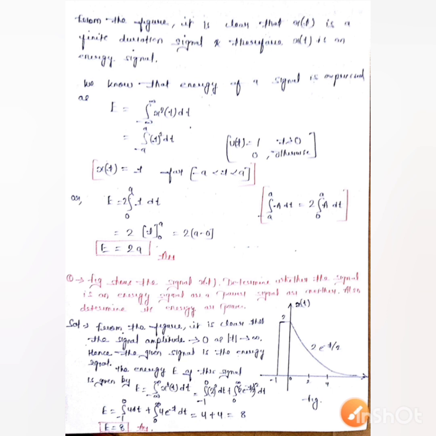From the figure itself, this particular figure is time limited on the left hand side, but from the right hand side it shows that this signal is an exponential signal. The standard form is e raised to the power at.